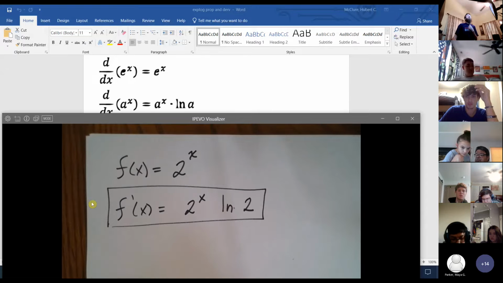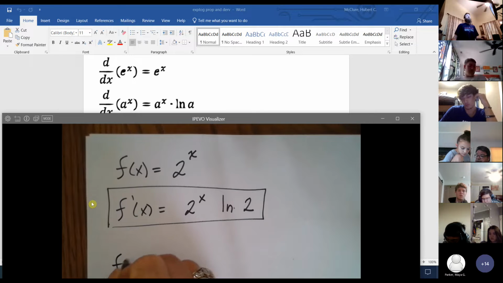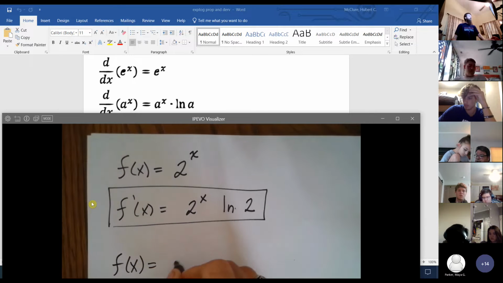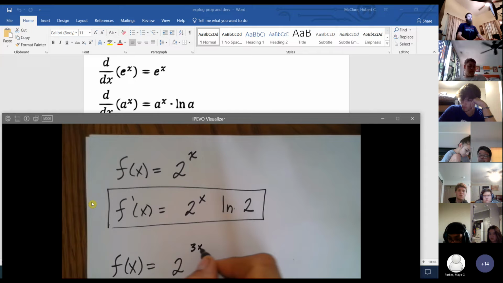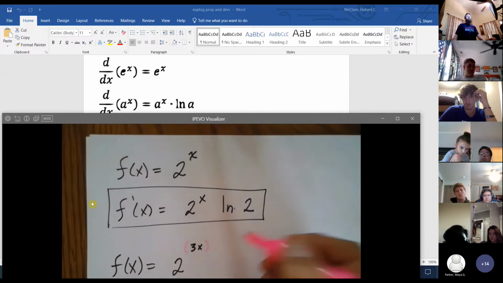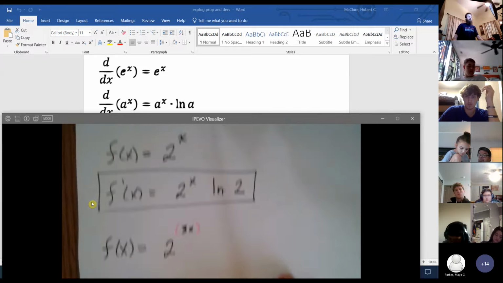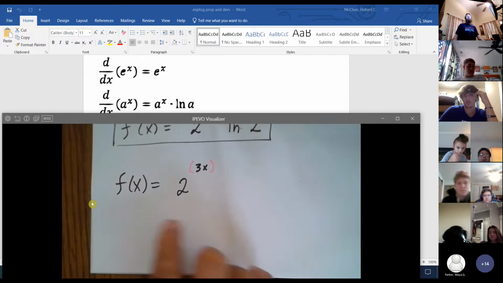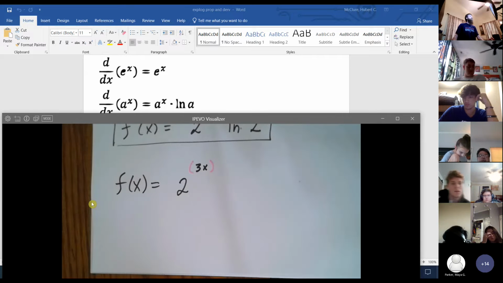Well, what if you have a 3x there? F of x is equal to 2 to the 3x. Before I do that, I got to take my handy dandy highlighter. All right, now you do that one. Give you a minute.